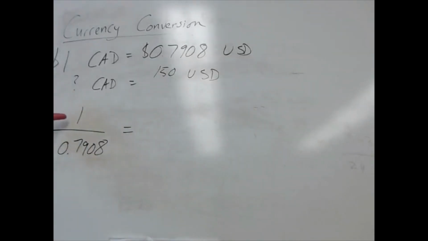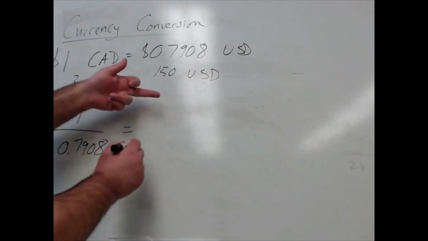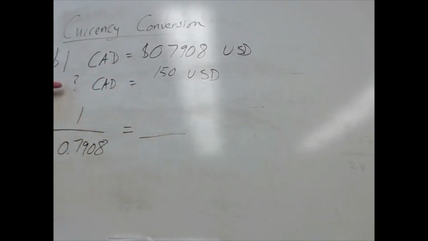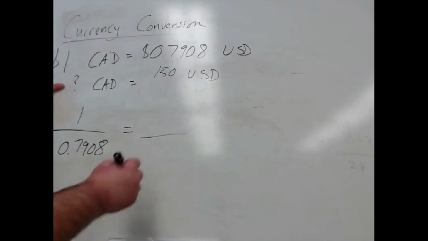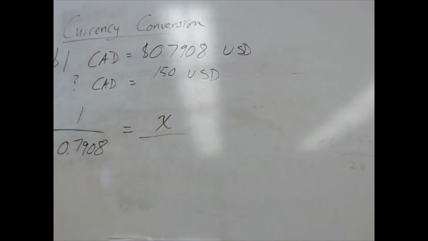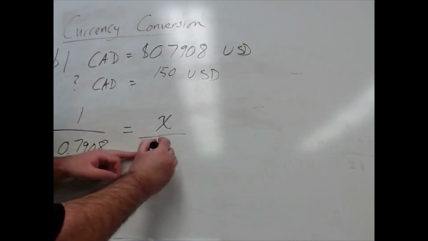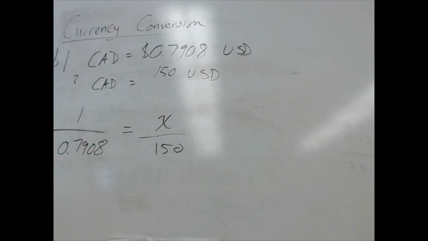So I've got Canadian on top here, so over here on this fraction, my Canadian needs to go on top again. Right here, I don't know what my Canadian is, so I'm going to put my X right there. My US number is on bottom here, so over here, my US number needs to go on bottom again. So my 150 is down there. And now I cross multiply.